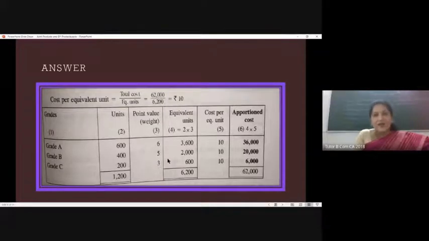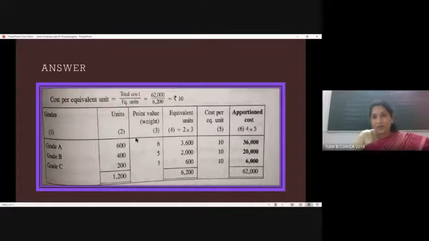We need to find out the equivalent units, right? That's the first step in this method. So how did we do that? 600 into 6, which is 3,600, and 400 into 5, which is 2,000, 200 into 3, which is 600. That's how we go with the allocation purpose.